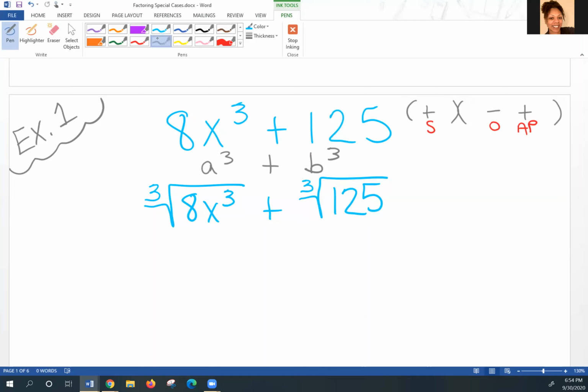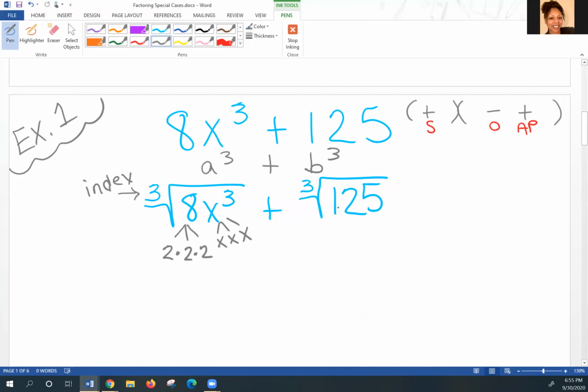If I have 8, I'm asking myself, what number can I multiply times itself 3 times, because that's what my index tells me. I need that exact same number or variable this many times to come out once. So 2 times 2 times 2 is 8. And then your x to the third power is simply 3 x's.